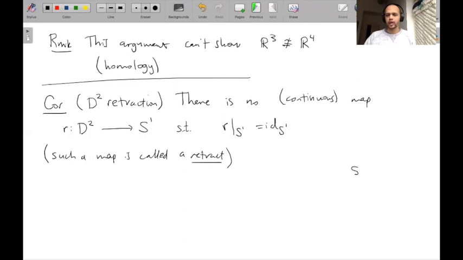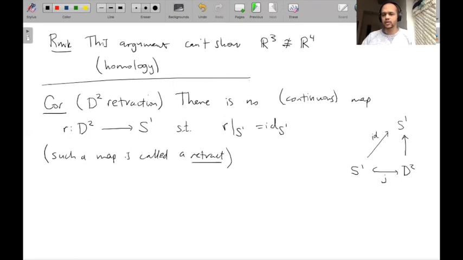Here we have the circle including into the disk, and we're just wondering whether or not there's some map like this so that the composition is the identity.